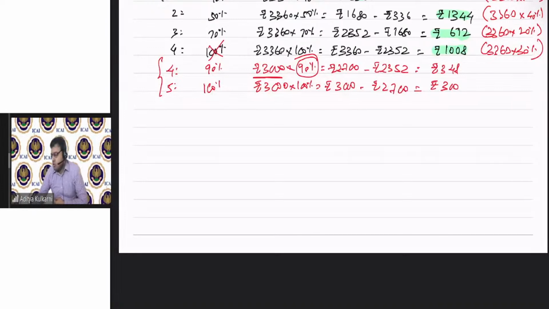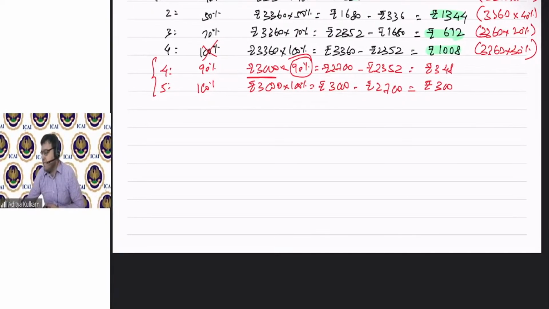Okay. So suppose there was a query that, sir, suppose if we complete it within 4.5 years, instead of 4 years as planned, then do I have to do the change? Yes, you make the change. So in year 5, you are not able to complete the job at the end of year 4. At the end of year 4, you estimate that you will complete, but you are not able to complete.